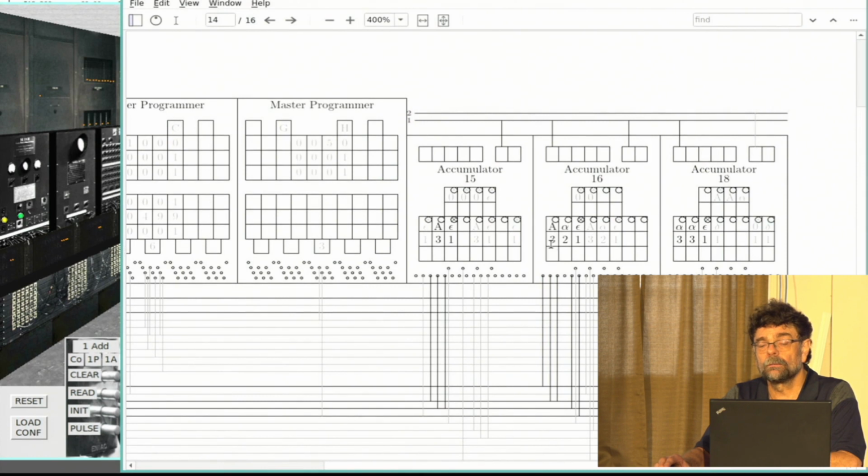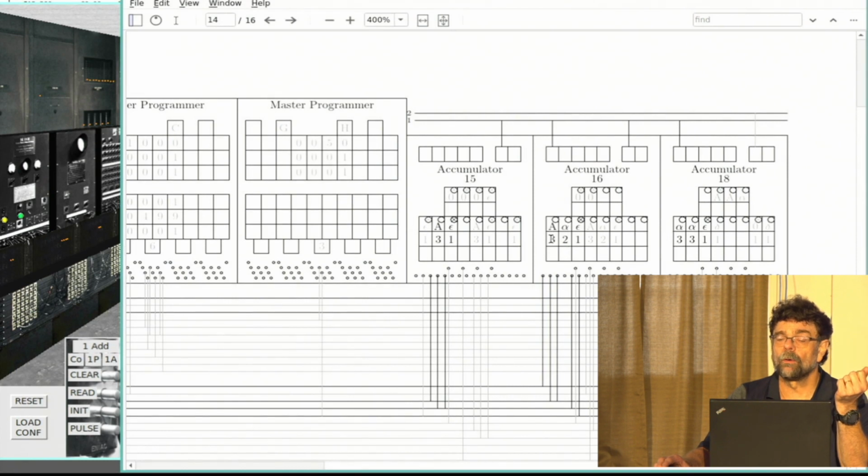This one, accumulator 16, remember that is our x squared value. And we're going to transmit it on the A terminal. So we're going to transmit the value, not the complement, 3 times. Accumulator 18 is calculating the cubes. It's receiving it 3 times. And this connection up here is how the data is transmitted from 16 to 18.